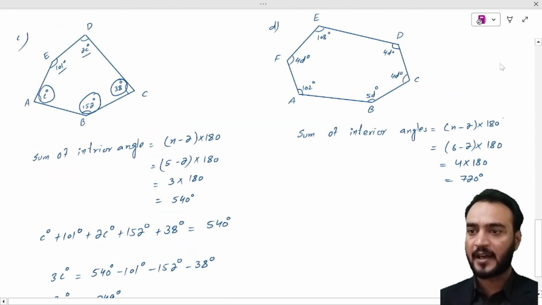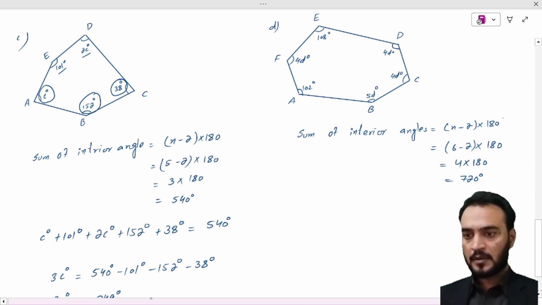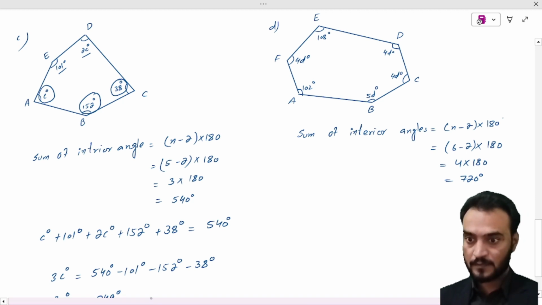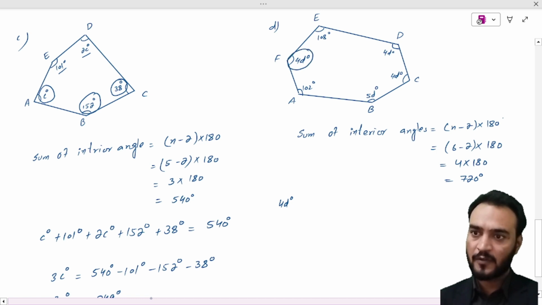The interior angles are 4D, 108 degrees, 4D degree, 102 degree, 5D degree, and 4D degrees.